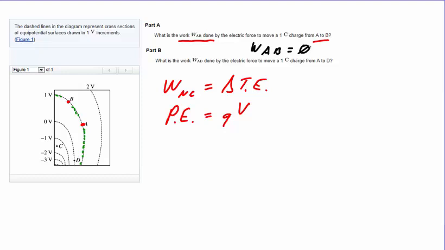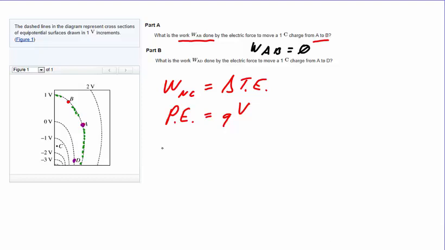Finally, let's look at the work done in moving from point A to point D. In this case, we have changed the value of potential because point A is found on a line that is labeled as 1 volt, and point D is found on a line that is labeled as 0 volts.